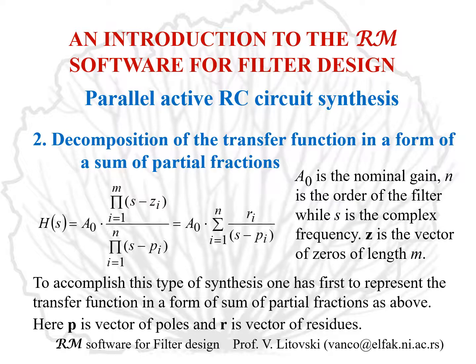To accomplish this type of synthesis, one has first to represent the transfer function in a form of sum of partial fractions, or to find the residues as above. Here P is vector of poles and R is vector of residues.